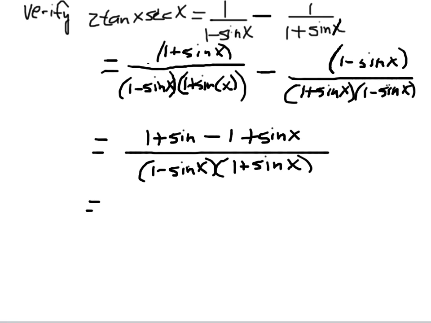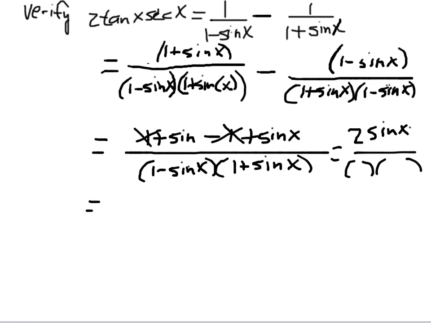And look what happens here in the numerator. The 1 minus 1 cancels, and I'm left with sine x plus sine x, which is 2 times the sine of x. And that's kind of what I wanted, and then I still have my common denominator.